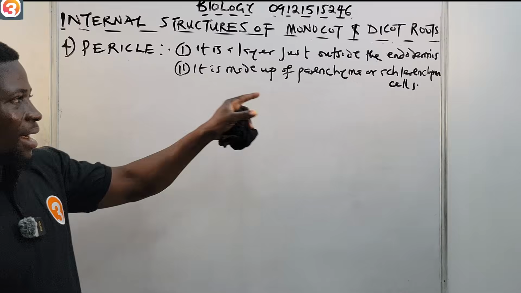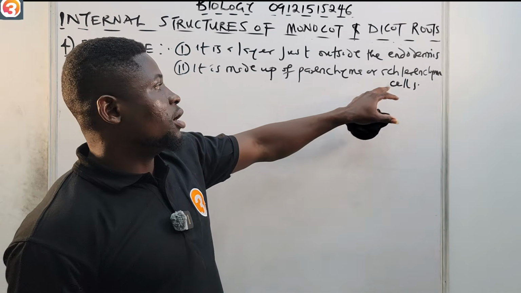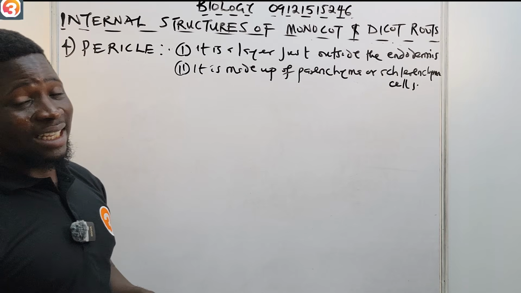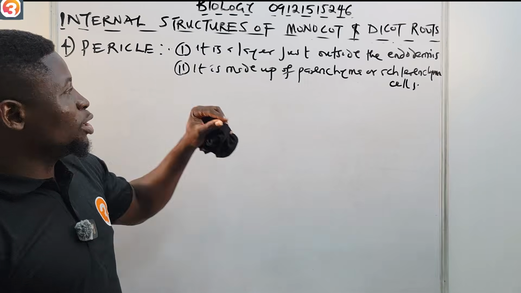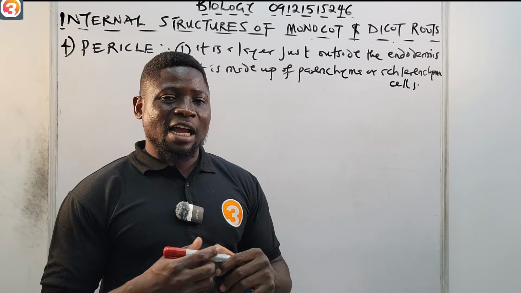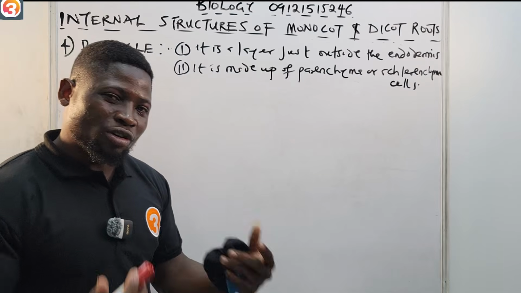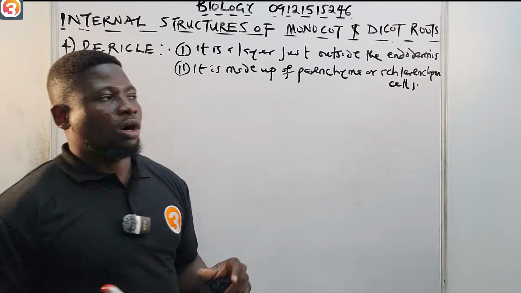Please take note of that. One will call them the parenchymatous or the sclerenchymatous cells. If you do not know what parenchyma or sclerenchyma is by now, then you should not be in this class. Go and watch the first episode. We have done a great deal on all of that.